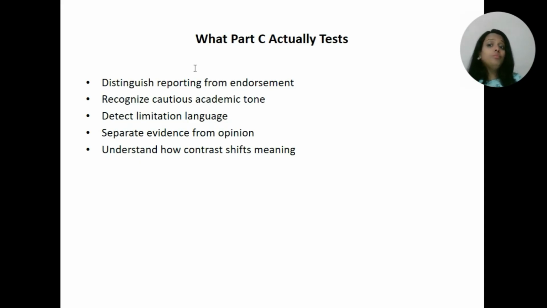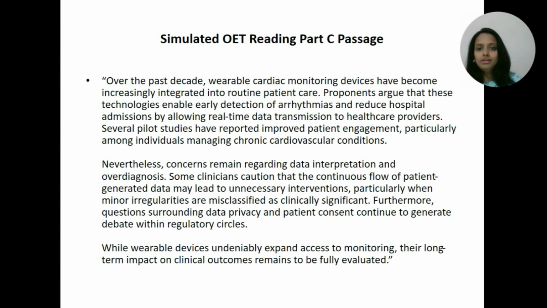But because your brain already labeled the topic as positive, you downplay the limitation. Got it? Examiners know this cognitive bias. They design options that reward careful readers and punish early conclusions. So today we are going to train your reading discipline. Got it? So let's work through an example here.